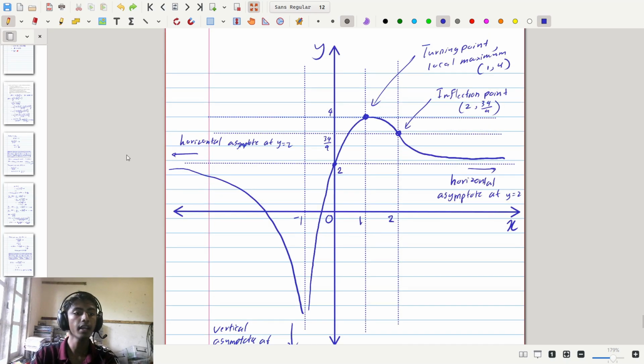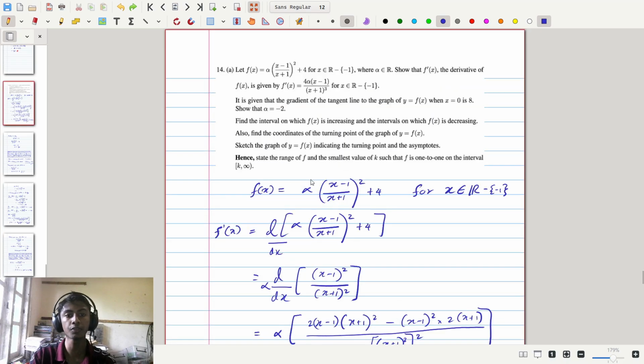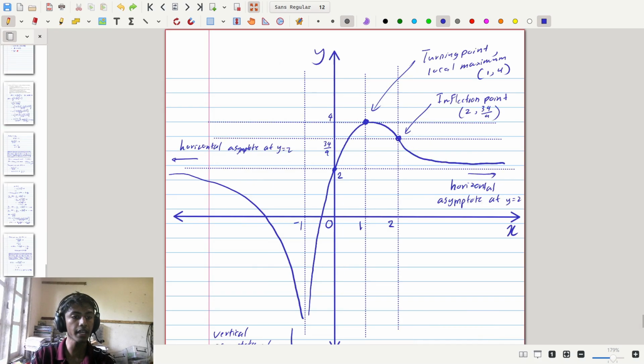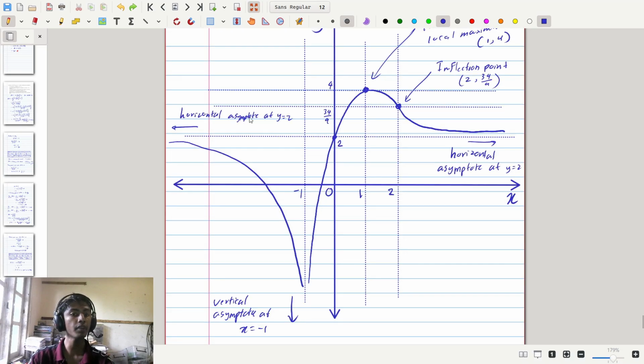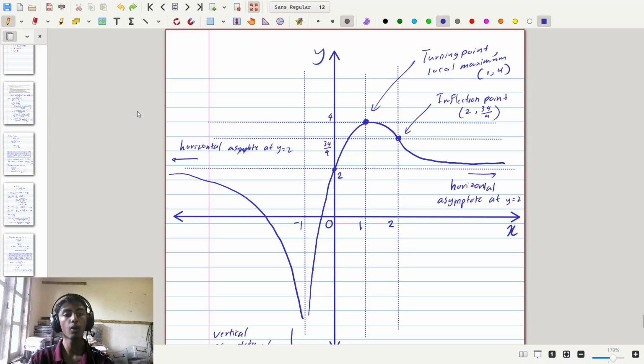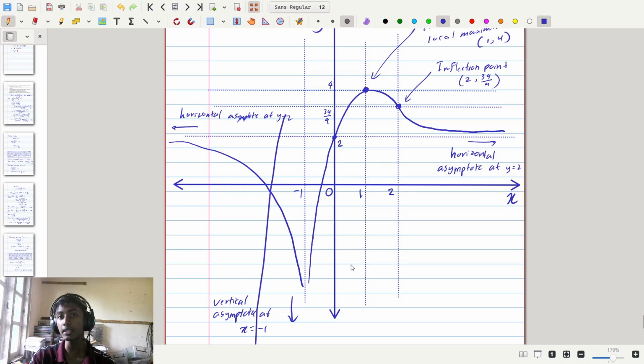Now finally, let's move on to the last part of this question, which says, hence, state the range of f and the smallest value of k such that f is 1 to 1 on the interval from k inclusive up to infinity. So for the range, what we can do is to consider the value of y that our graph of f(x) can give. So the maximum value that it can give is y = 4. It cannot give any value higher than y = 4. However, on the negative side, it can give all the way until negative infinity.